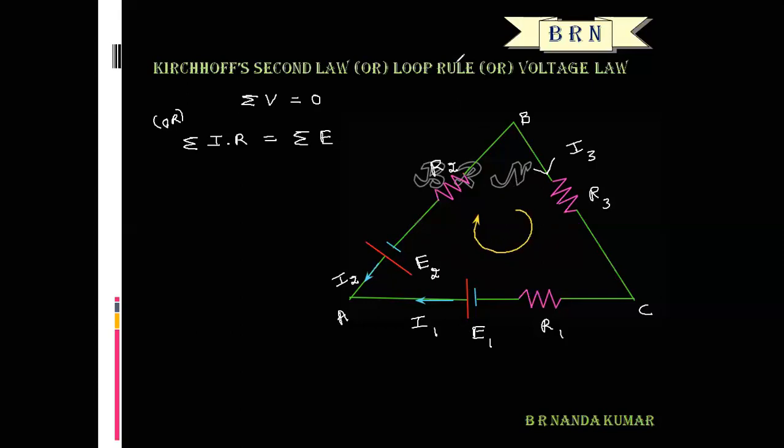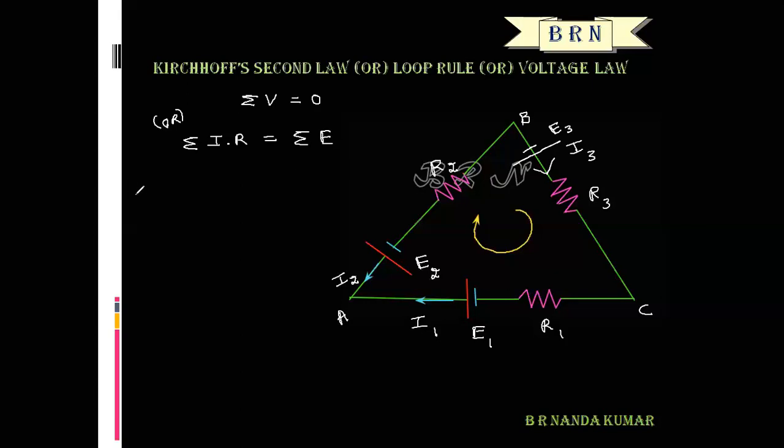Actually, there is also a cell here, a mistake. This is the positive terminal, this one is the negative terminal, and this cell has EMF E3. The current is always drawn from the positive terminal of the cell.